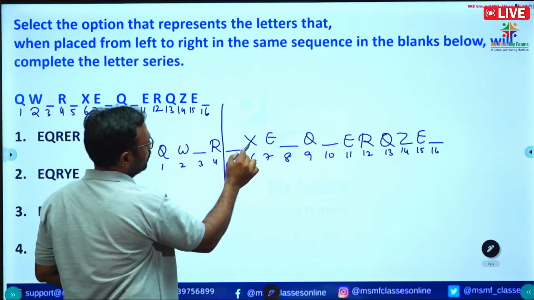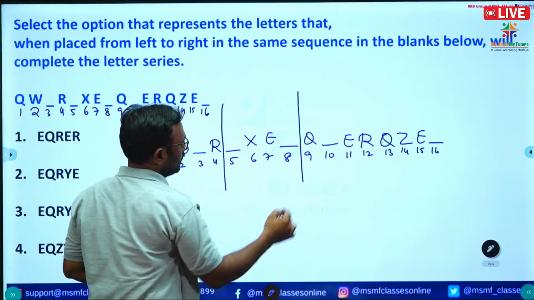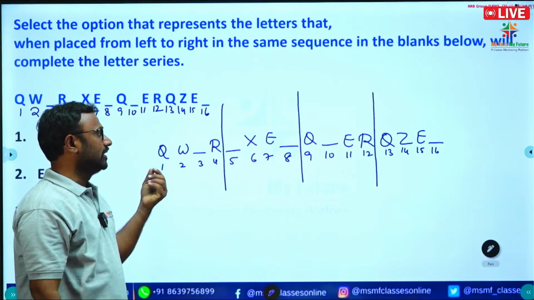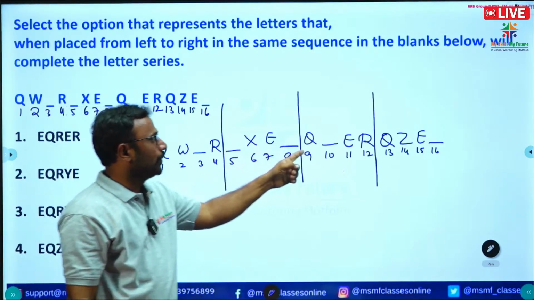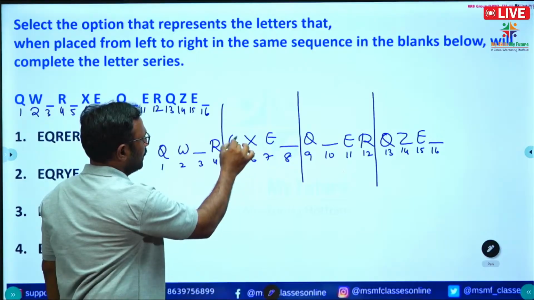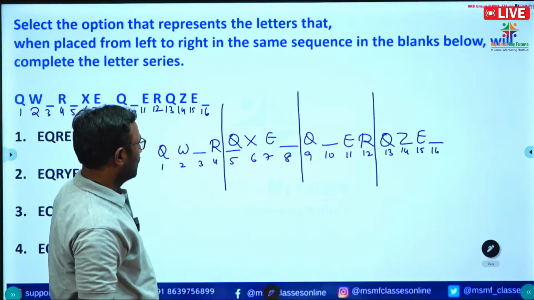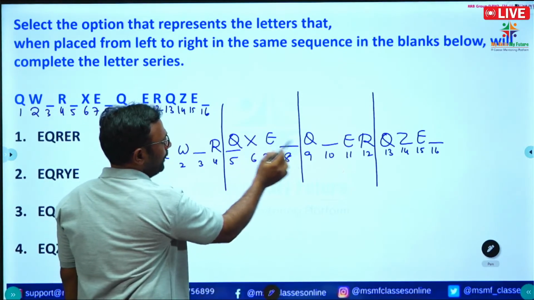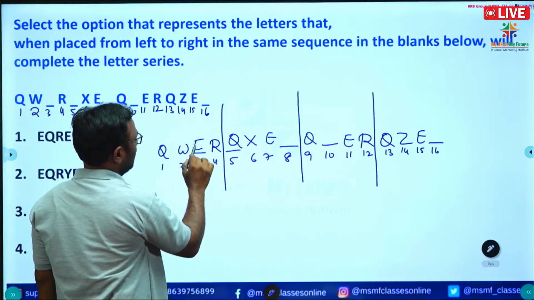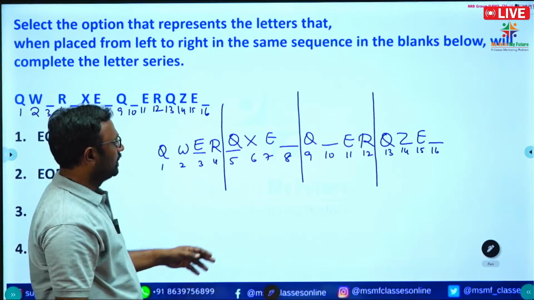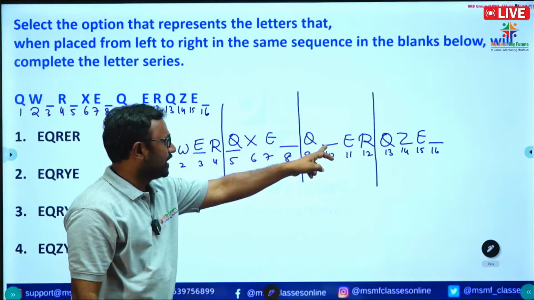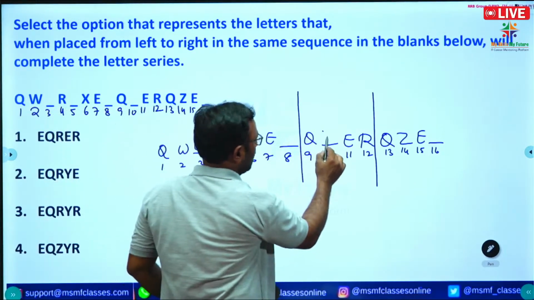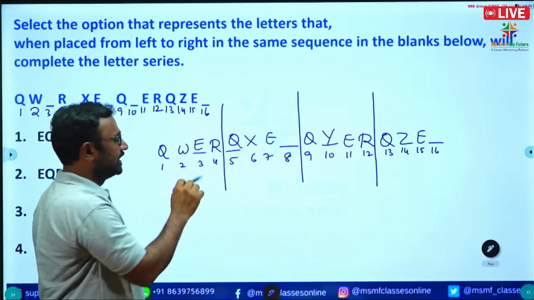In that, every first letter is Q, Q, Q, so fill here Q. The third letter in each set is E, E, E, so I am filling E. Now we need to find the second letter: W, X, Y, Z. The second letter is increased by plus 1.